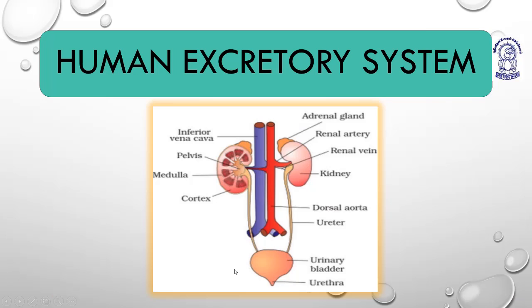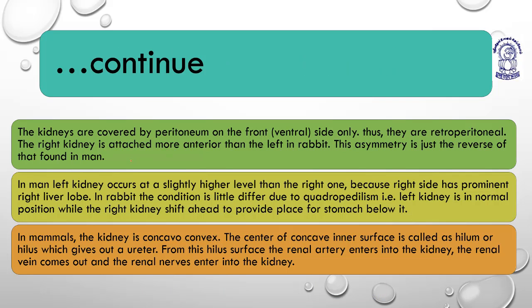This is the human excretory system. I will be coming to this diagram. The kidneys are covered by peritoneum on the front, that is the ventral side only. Thus, they are retroperitoneal.